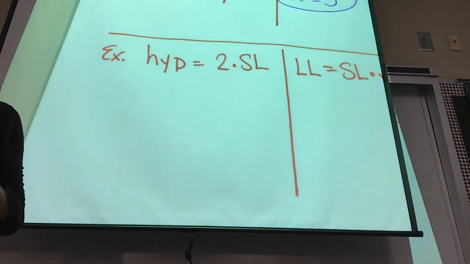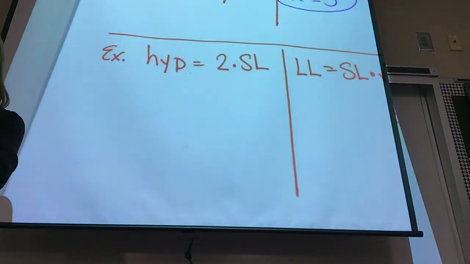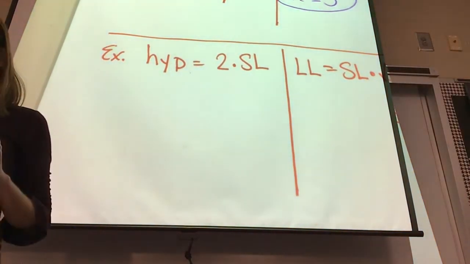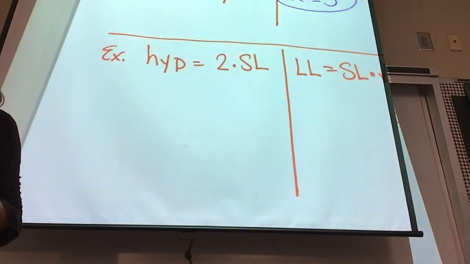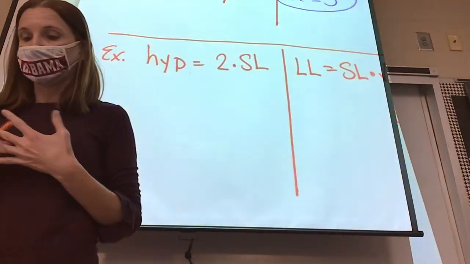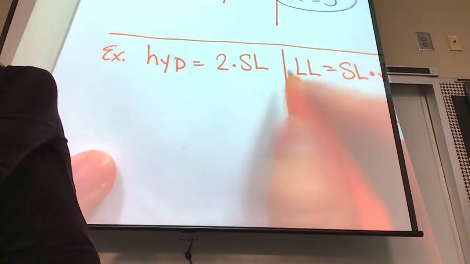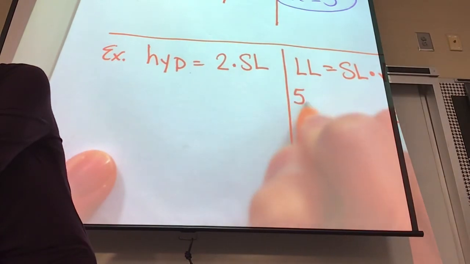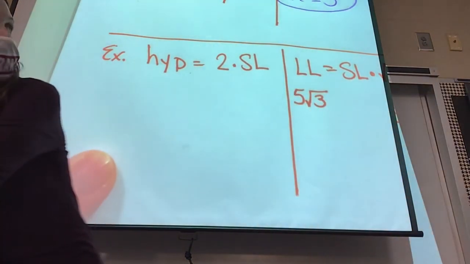So, according to my problem, which piece do I need to fill in first? The second one. The LL, because they gave me the long leg. They didn't give me the hypotenuse or the short leg, they gave me the long leg this time. So I'm going to put the 5 on the square root of 3 in for the long leg.